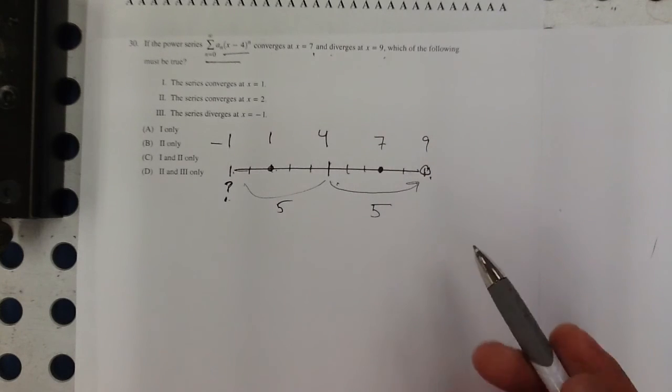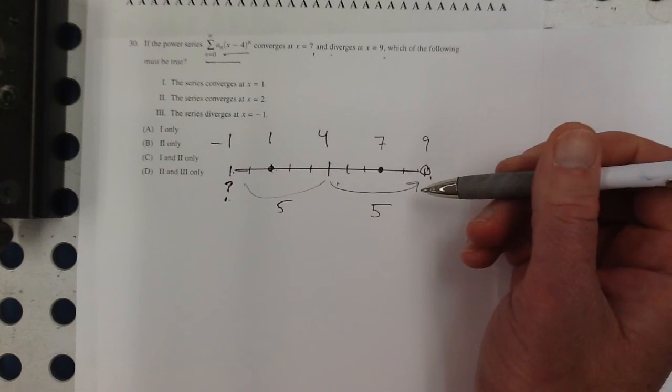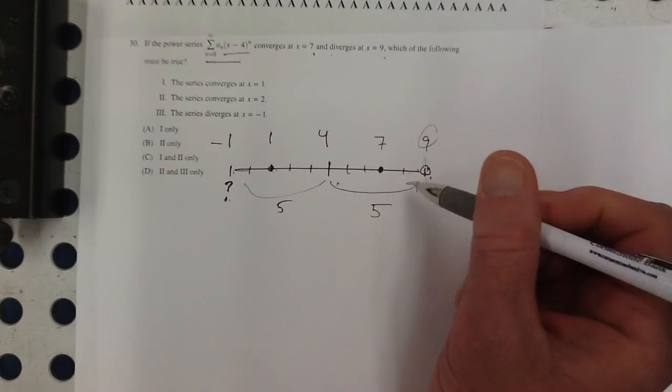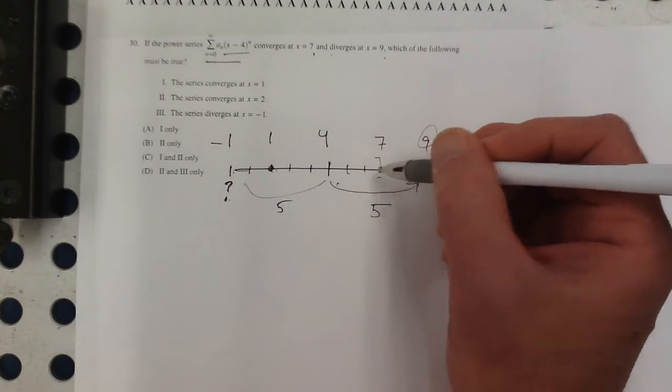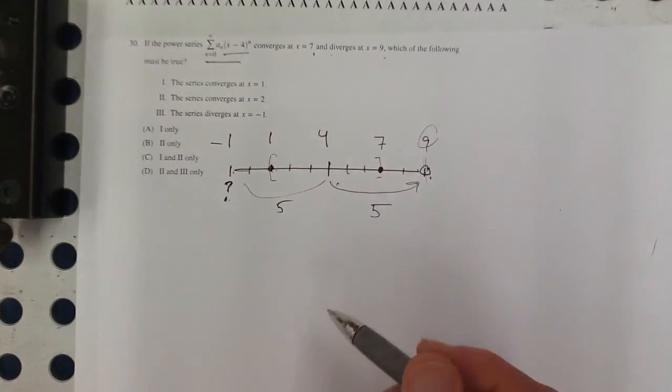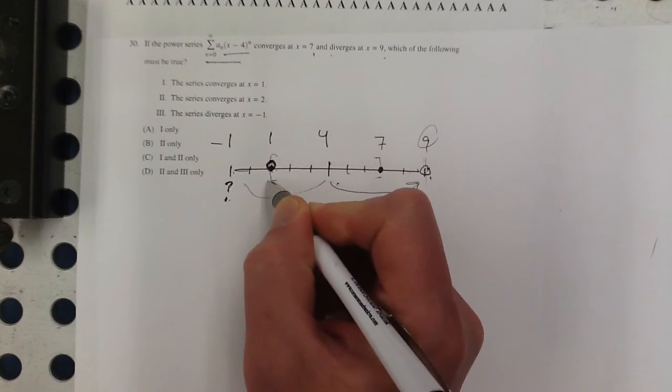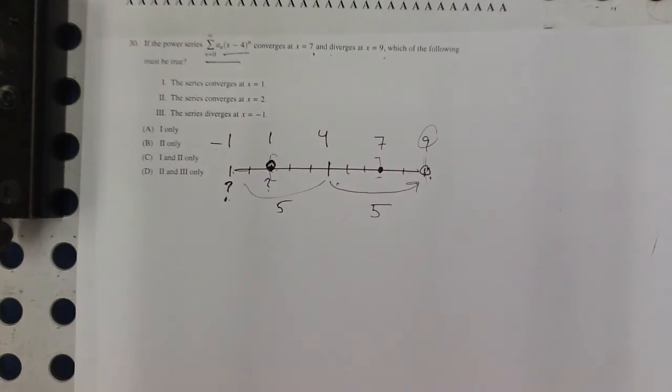So all we can say for sure is that 9 could be way outside the interval also. It could be as small as this. And actually, that would be a question mark too, at 1, whether it converges or not. Oh, and that's one of the things here, right?